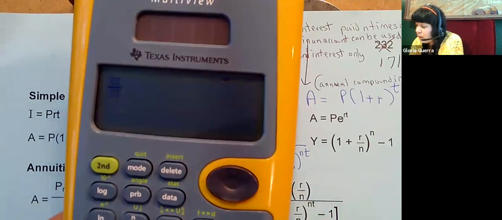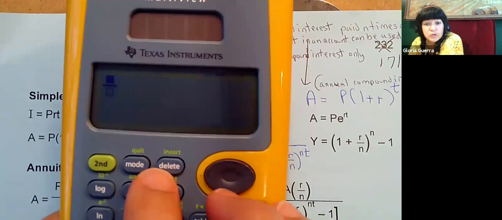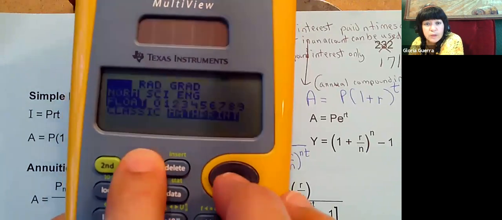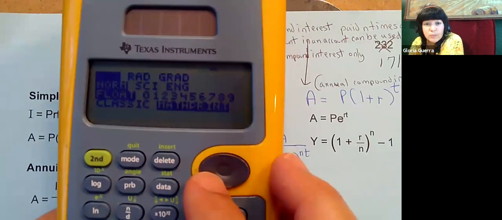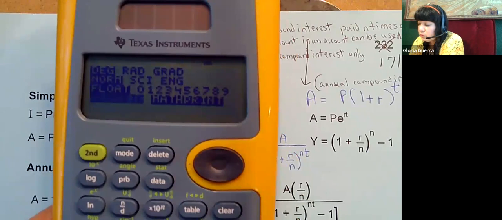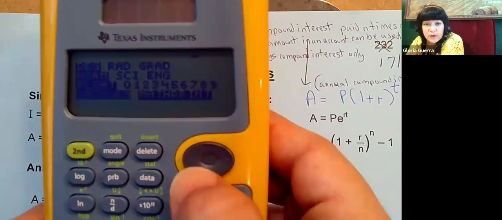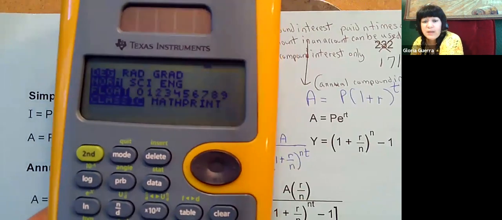If it's not already in that setting, it's easy to change. You would just go to mode and make sure it's under math print. If it's not in math print, that means it's classic. If I hit enter after going down with the arrow keys, you can see it changes to classic.